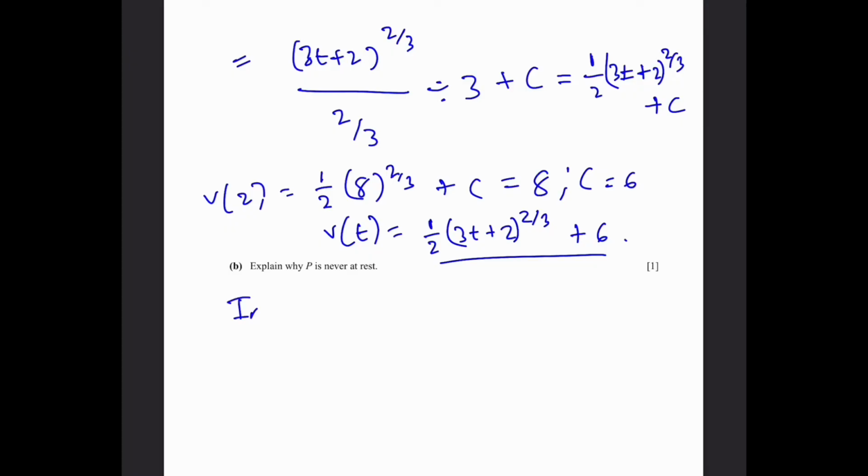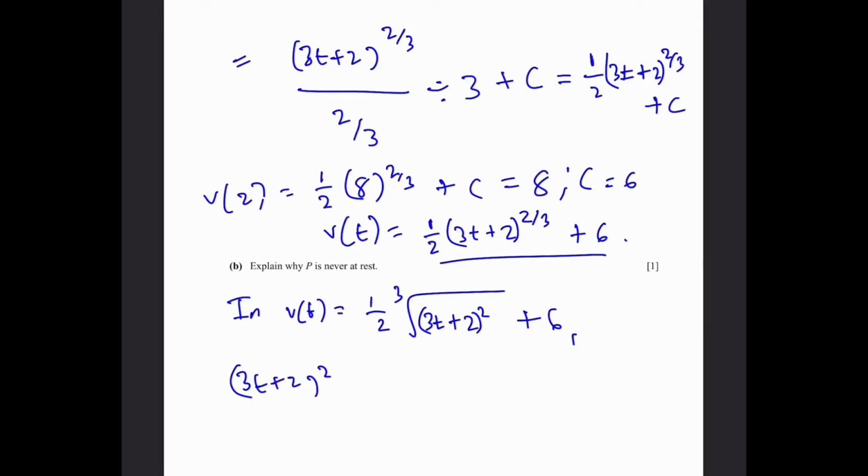So in the function v of t, which is equal to half times the cube root of (3t + 2), squared, plus 6, (3t + 2) to the power of 2/3 is always greater than 0 for t greater than or equal to 0.